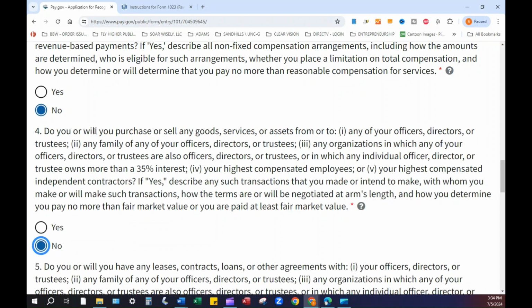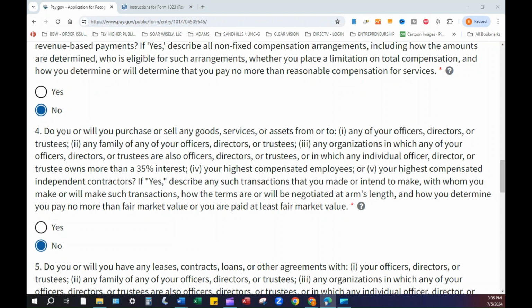Pretty Paws Foundation will not purchase or sell any goods or services or assets from or to any of its officers. Now, remember in the previous video, I discussed in detail a conflict of interest policy. This to me points to what could present a conflict of interest. For example, Beatrice Adams is executive director of Pretty Paws Foundation, but Beatrice Adams also owns a pet grooming service.